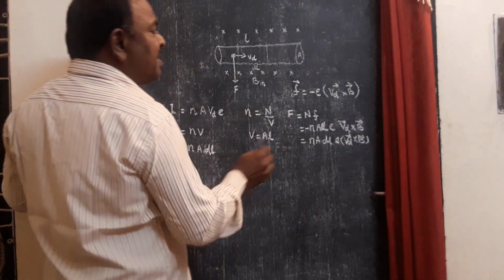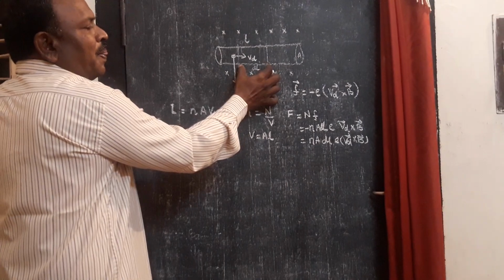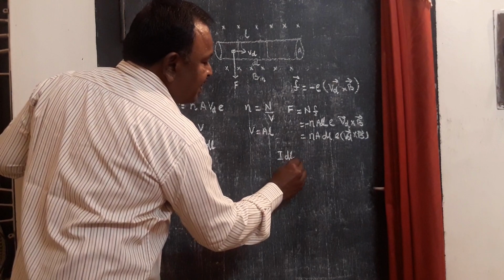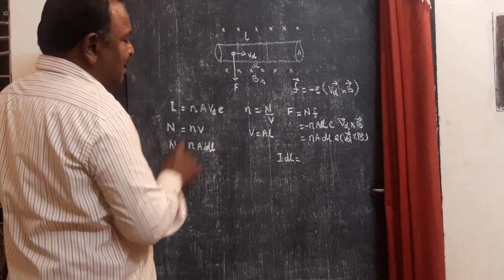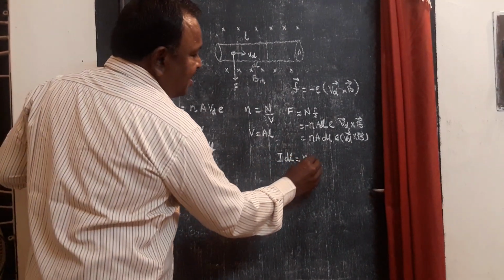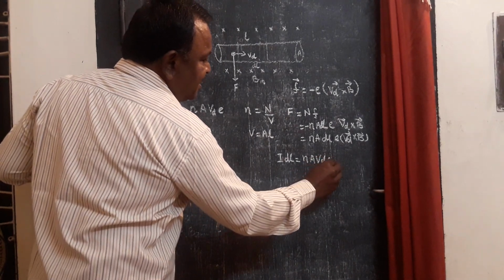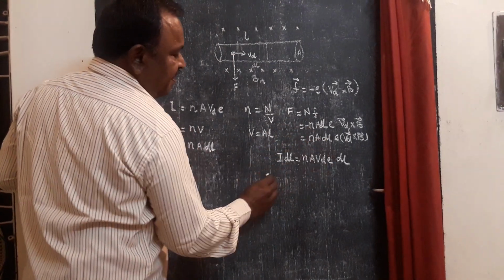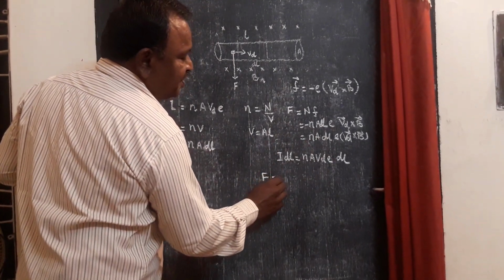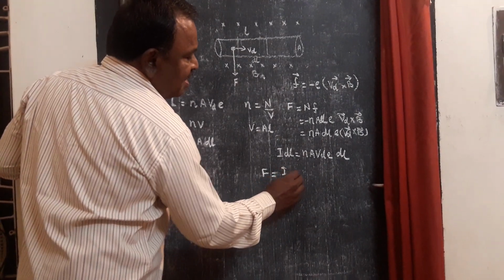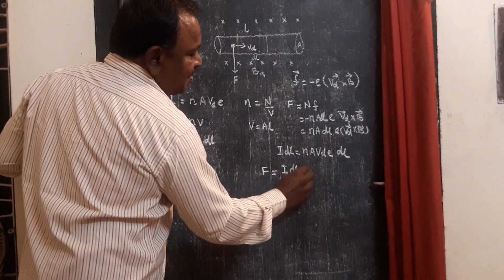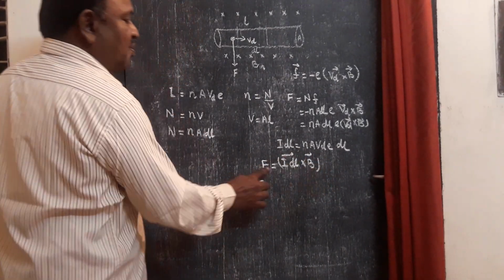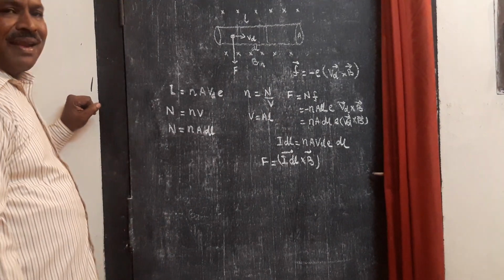The current element in that small conductor is I dl. I dl is nothing but I = nAVd e, into dl. Now substituting this value here, we will have F = I dl cross B. This gives the expression for the force on the current carrying conductor.